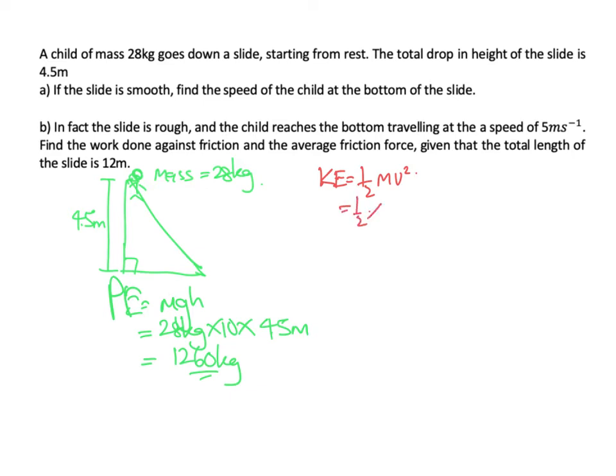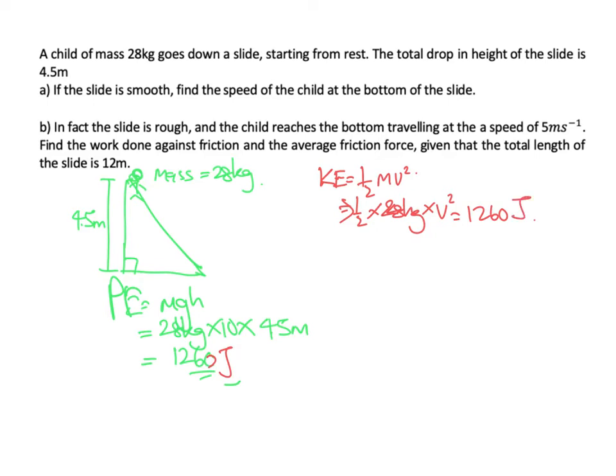So half times m, which is 28 kg, and then times v square, and this is equal to 1260 joule. Why?